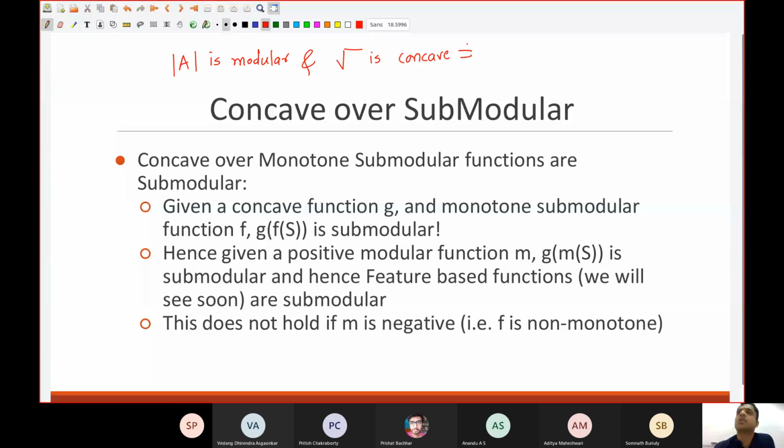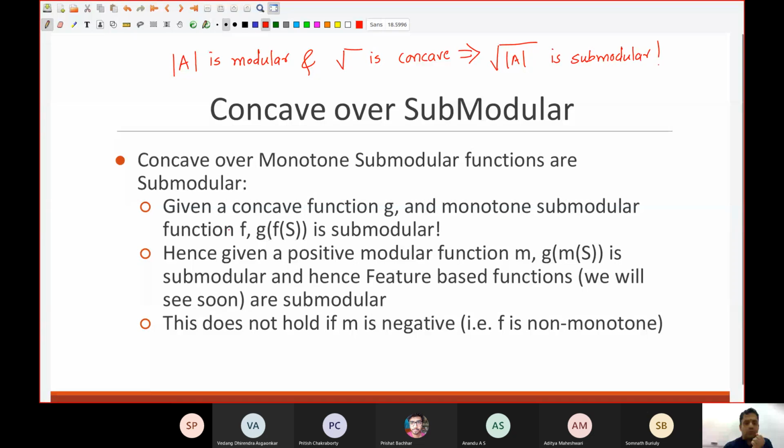So what does this imply? According to this, square root of cardinality is submodular. So feature-based functions we'll see are submodular.